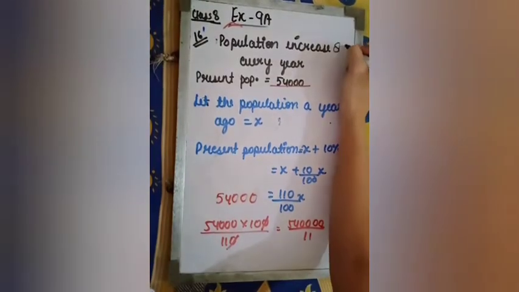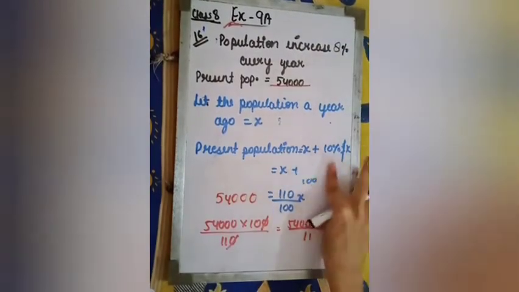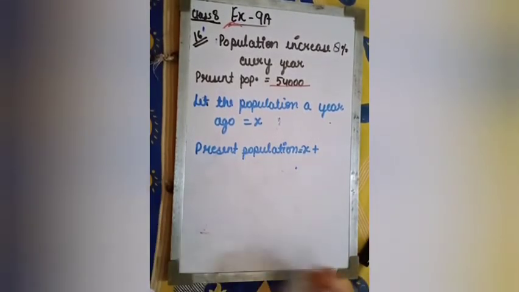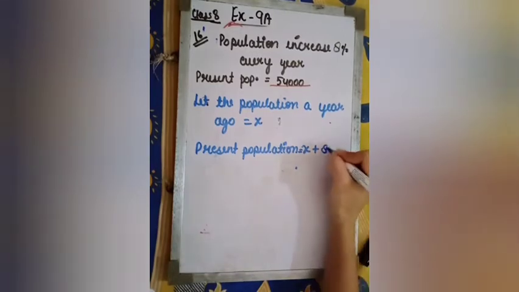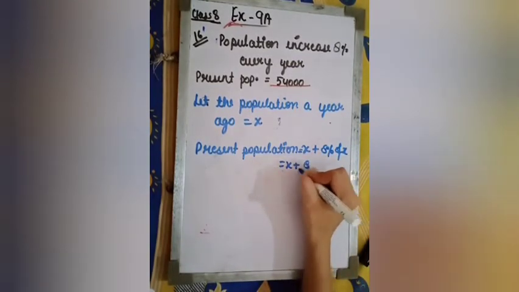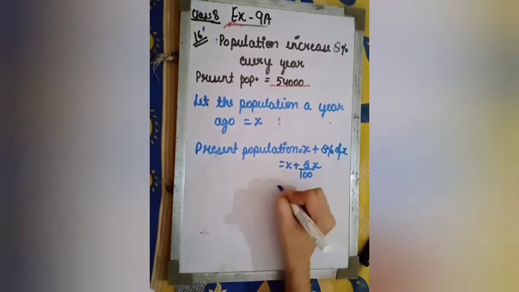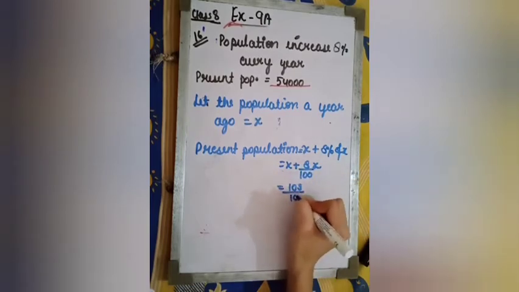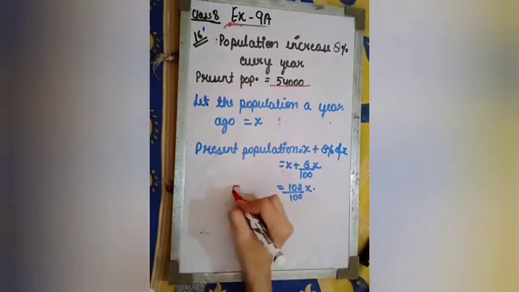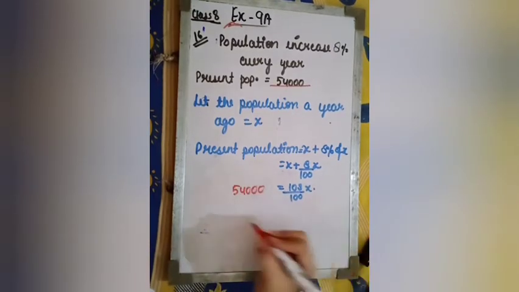Okay, this increases 8% every year. That means here we have 8% of x. So 8% of x will be 8 upon 100 x. It will be 108 upon 100 x. Now the present population is already given. It is 54,000. Now solve it.